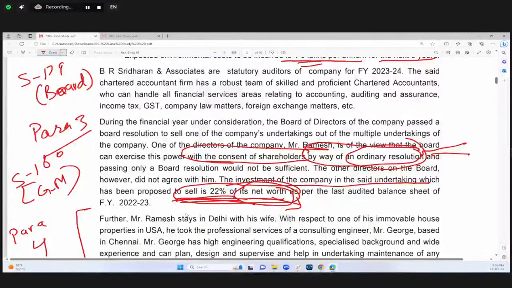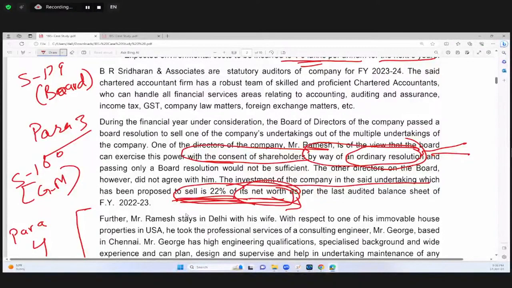That means if there are 100 shareholders in the general meeting, 51 shareholders in favor and 49 against, the item can be passed.